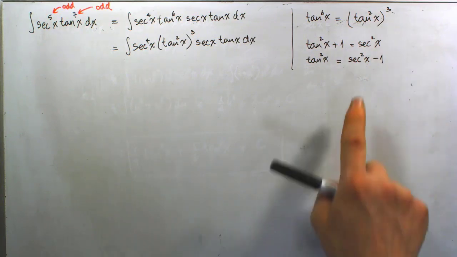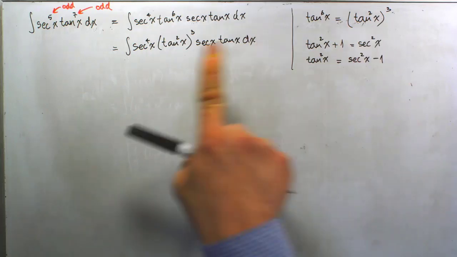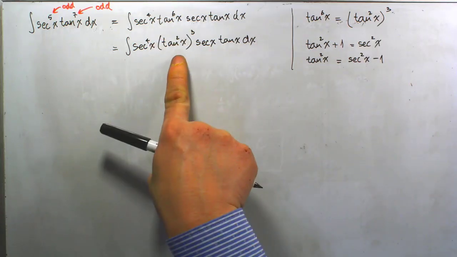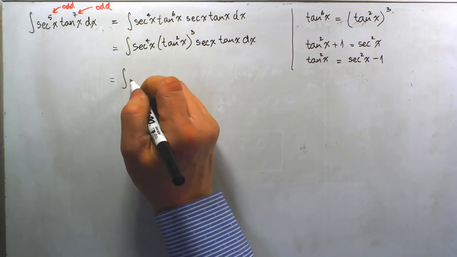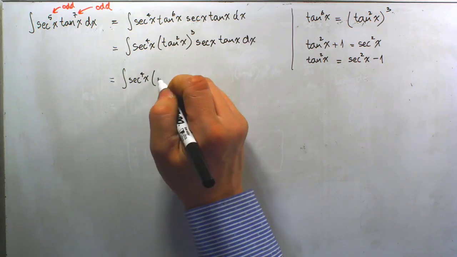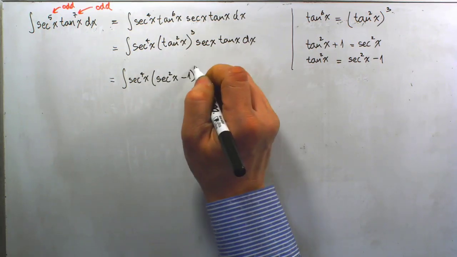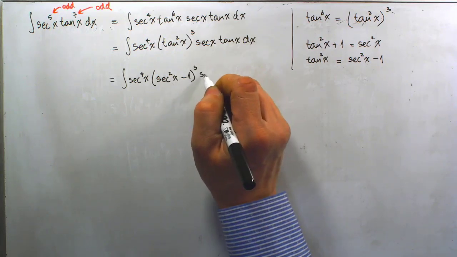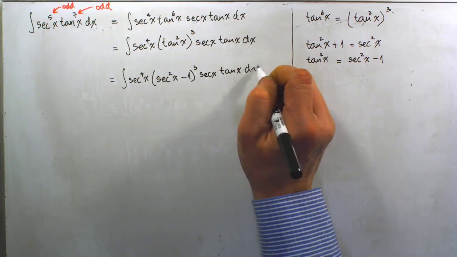And so now the plan here is I am going to substitute secant squared of x minus 1 for tangent squared in the parentheses. So in the next step, the integral will become secant to the 4th of x times, in parentheses, secant squared of x minus 1 all cubed, times secant of x times tangent of x dx.